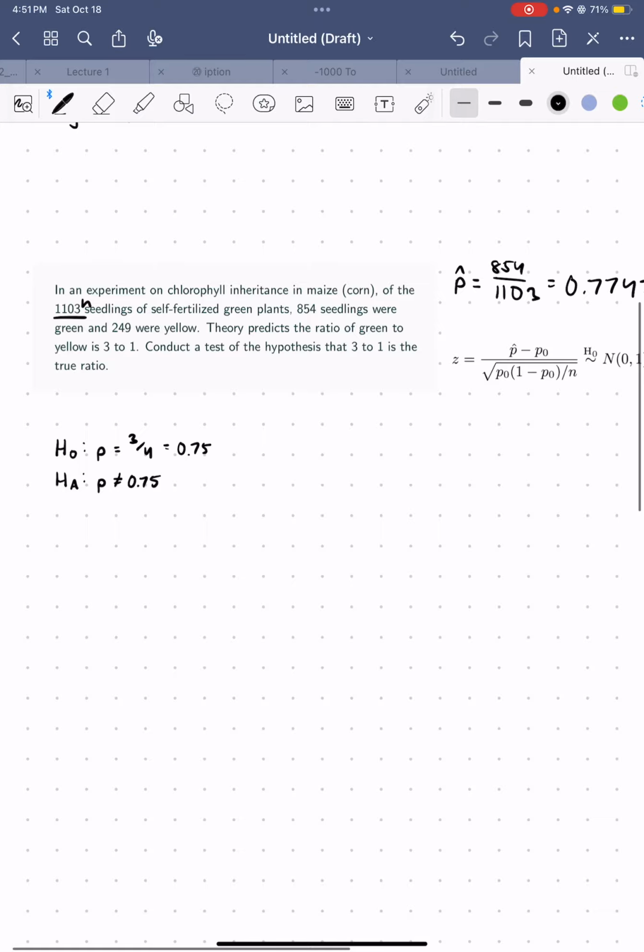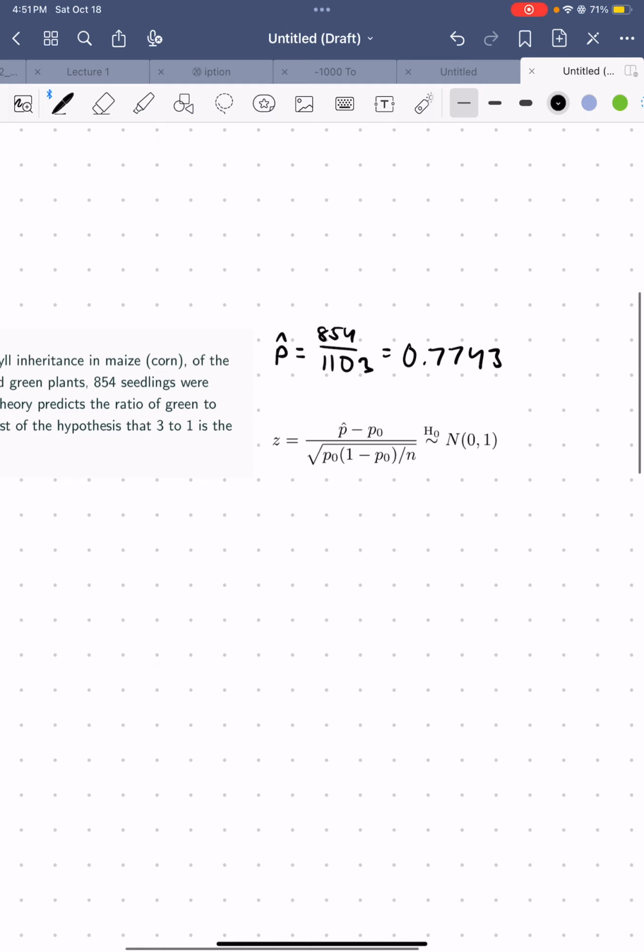And now we have all our values, so we can plug it into our z statistic, so we can calculate that.